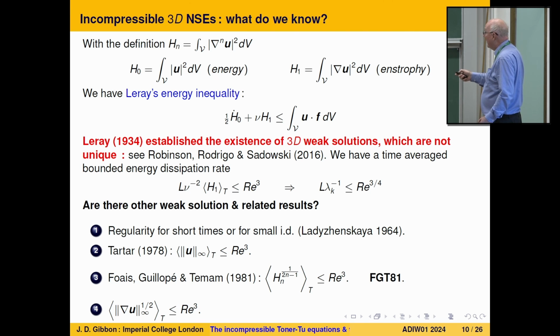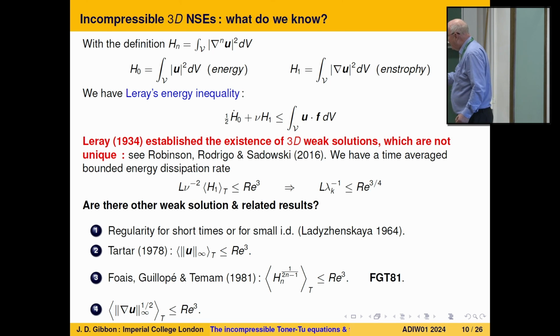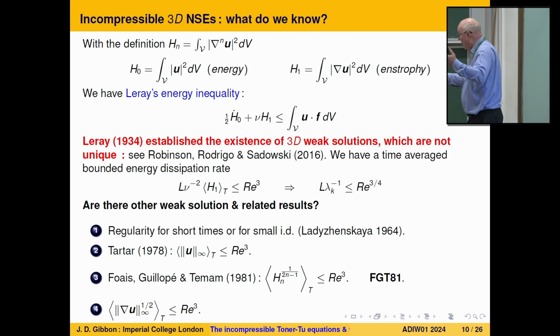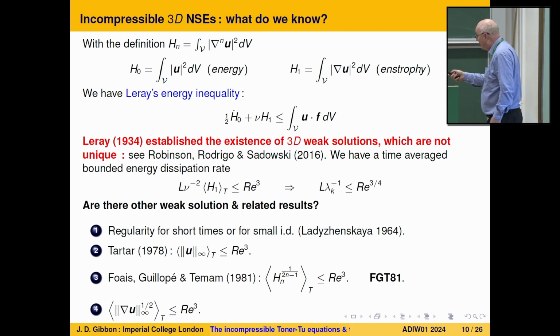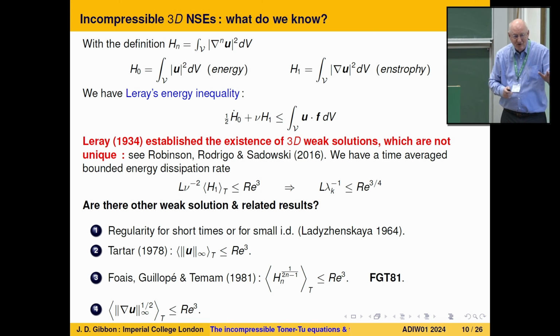By the way, I'm not going to go into the details, but Charlie Doering and Ciprian Foias showed in JFM 2002 that you can change this term from a forcing F into a Reynolds number, and this basically becomes Reynolds cubed. So this gives you that result, which just doing a one-line calculation to get the inverse Kolmogorov length, gives you a bound of Reynolds to the 3/4, which it should do if it's going to touch on K41.